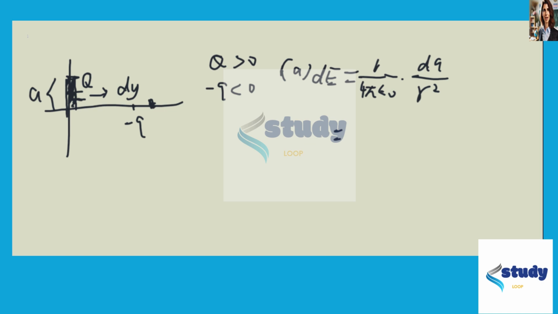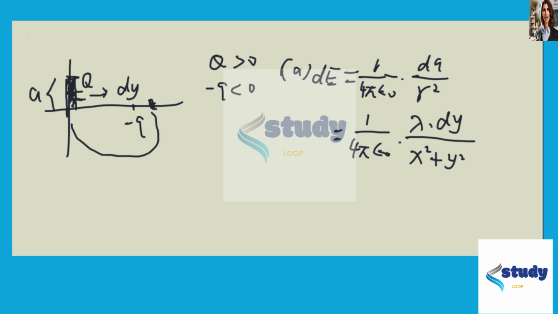In this case dq equals lambda times dy, and r squared is x squared plus y squared, where x is this distance and y is the position of this dy. And lambda is the charge density of the charged bar, which is Q over A.